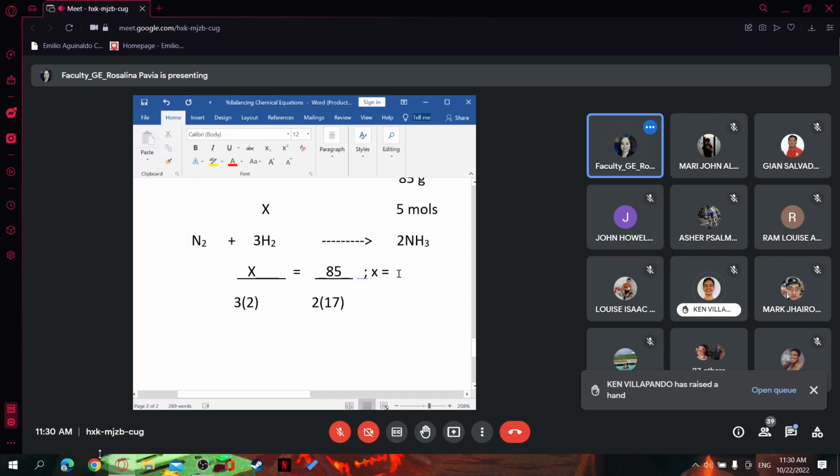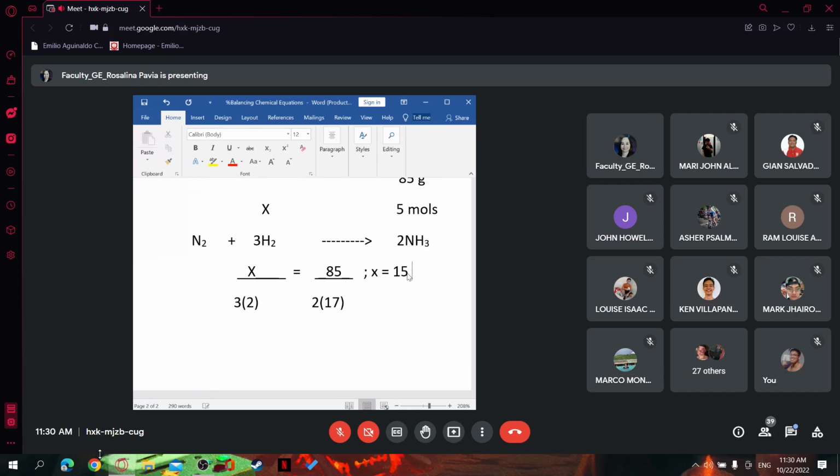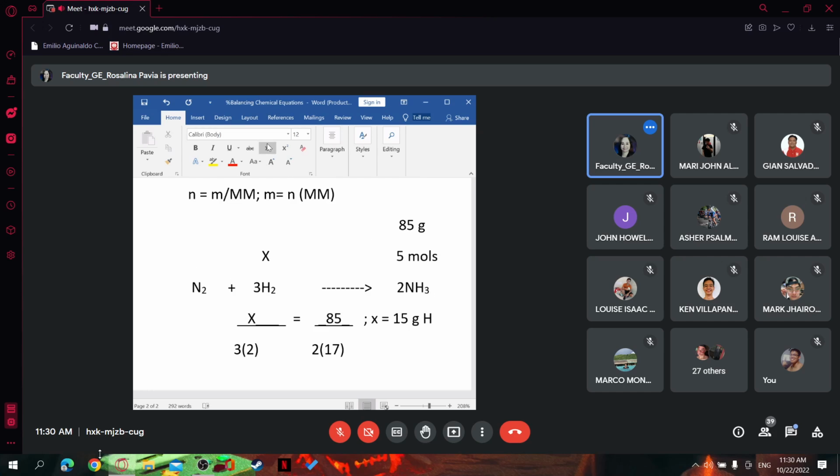Mr. Villapando. Ma'am, 15 po, ma'am. In grams of H2. Now, get now the number of mole of H2 kasi ang hinahanap is mole of H2, di ba?